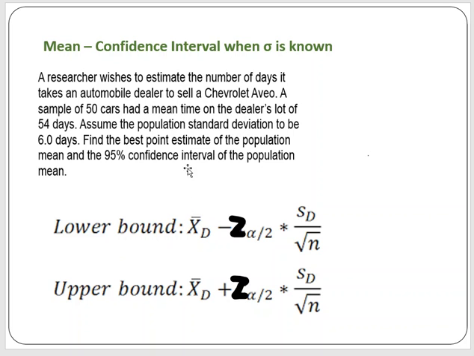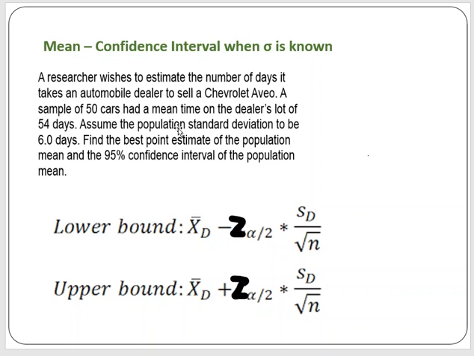Now, on the other hand, if I know sigma, and the problem will say something about it. So here I have a researcher, 50 cars, mean time on a dealer's lot was 54 days. So 54 days is my X bar. Standard deviation is 6 days, but notice it says standard deviation of the population.